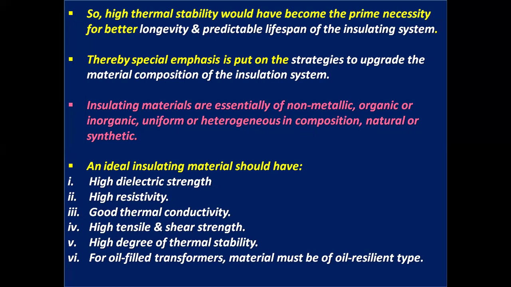An ideal insulating material should have high dielectric strength, high resistivity, good thermal conductivity, high tensile and shear strength, and a high degree of thermal stability. For oil field transformers, solid insulation material must be of oil resilient type.